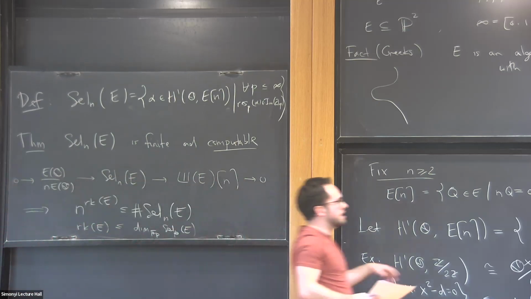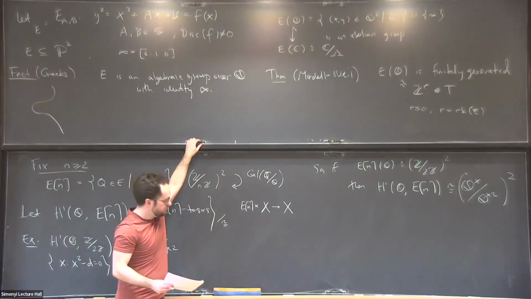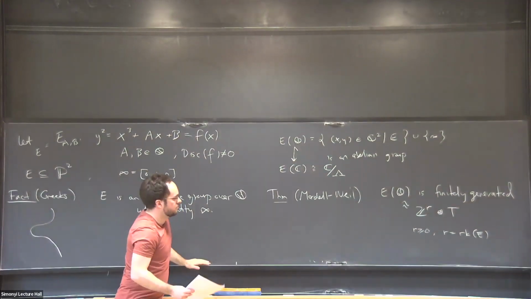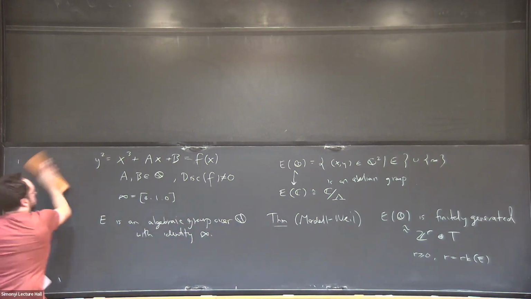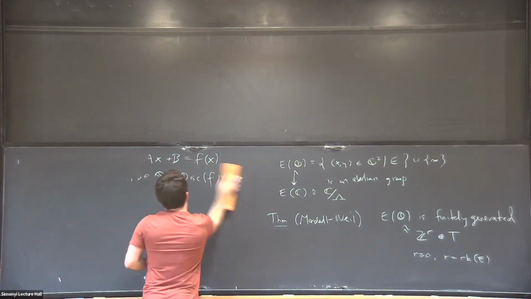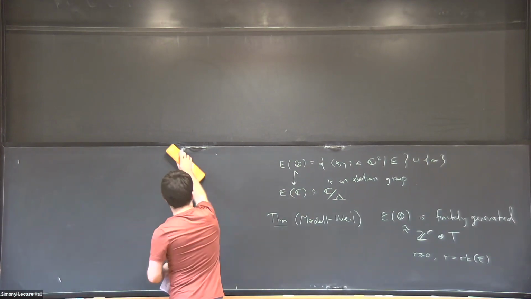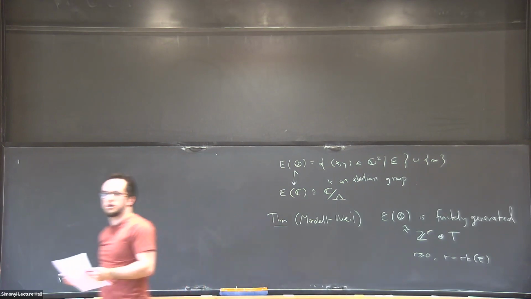Why is this nice? It's nice because we now get an algorithm. Almost. We get an algorithm to find the rank of an elliptic curve. Here's how the algorithm works.